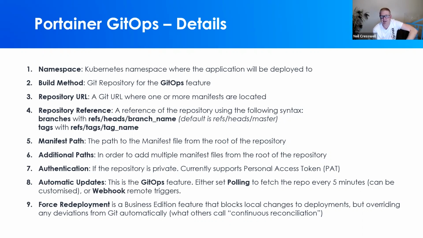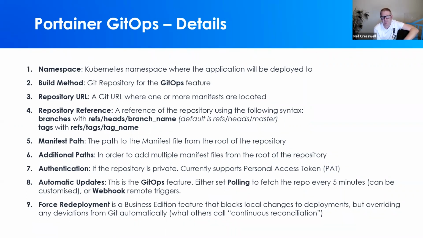So we can configure a webhook trigger, and then you simply need to curl the UUID, which will initiate a poll. So you could have your CI tool tell Portainer there's been a change. Portainer will then go and poll for the delta. It won't poll without the webhook. So you can choose how you want to do this, either a never-ending poll loop cycle, or only poll when there's a trigger.